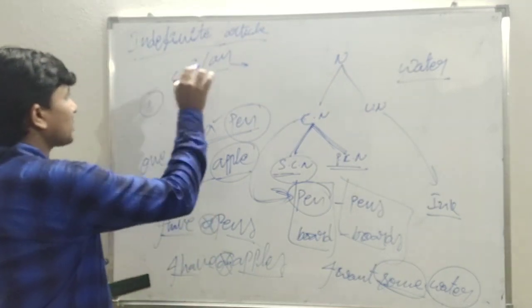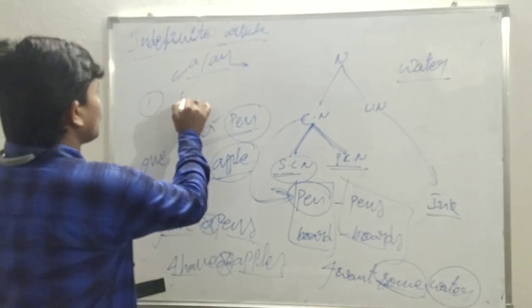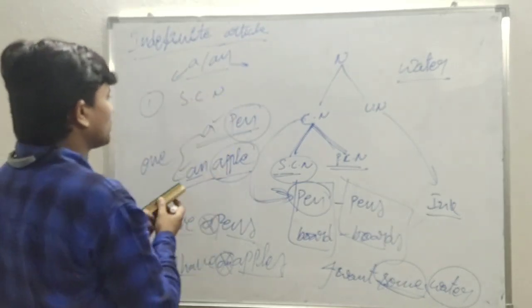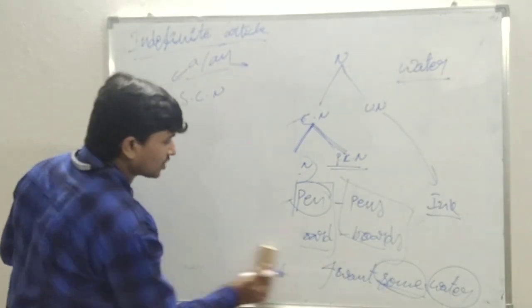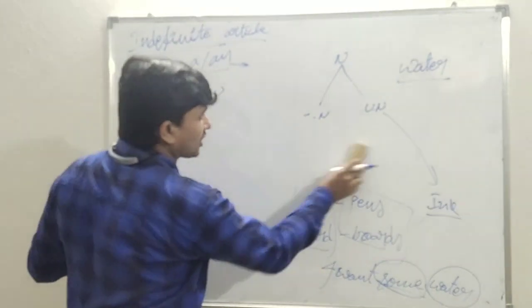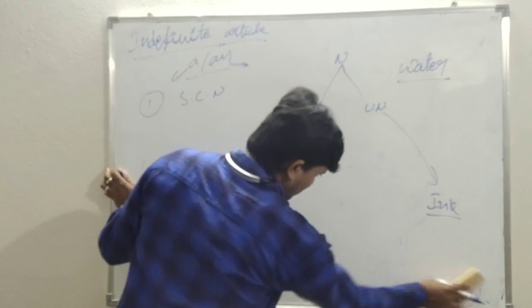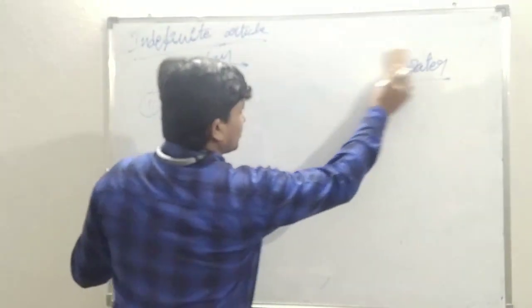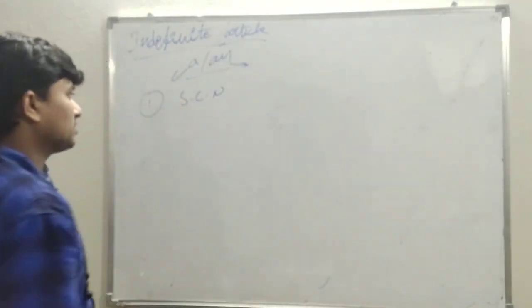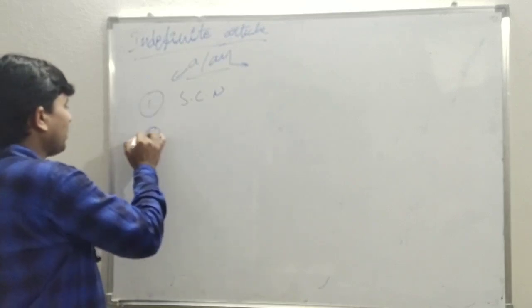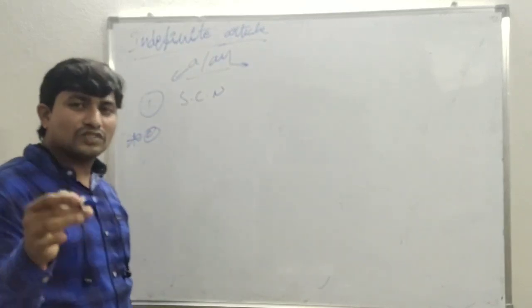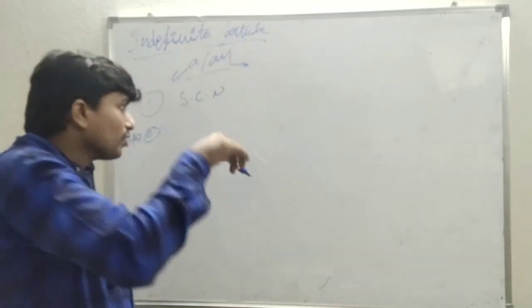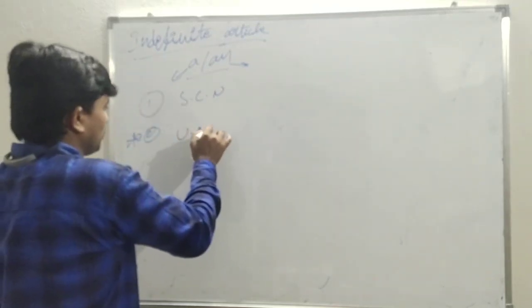The indefinite article can be used in front of a singular countable noun. The indefinite article cannot be used in front of plural countable nouns as well as uncountable nouns. But see here, and keep a star mark: the indefinite article can be used in front of uncountable nouns also. Now you may wonder.